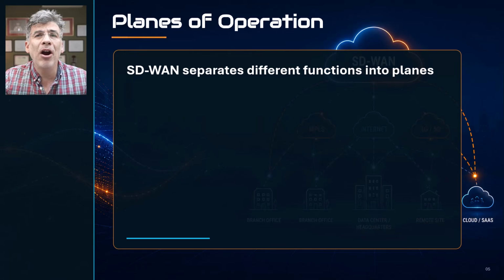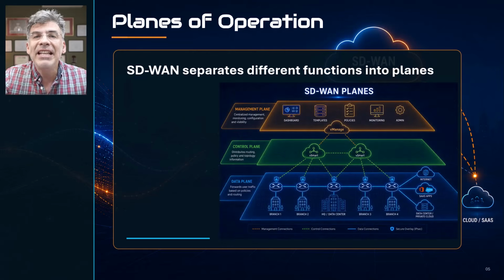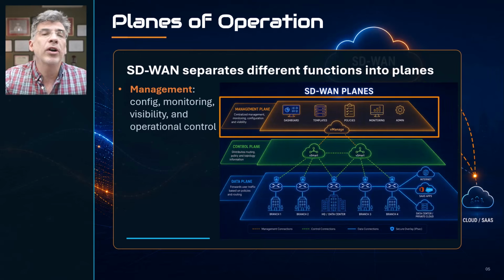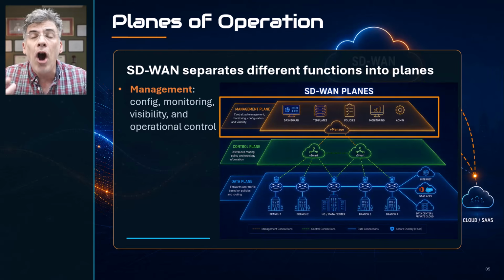Now, another important part of what makes SD-WAN SD-WAN is that it separates different functions of the network into planes. We have the management plane, which is used for configuration, monitoring, visibility, templates, and operational control. This is part of SD-WAN's centralized management capabilities. The management plane provides administrators with a central management system that is used to configure, monitor, and operate the WAN more consistently.